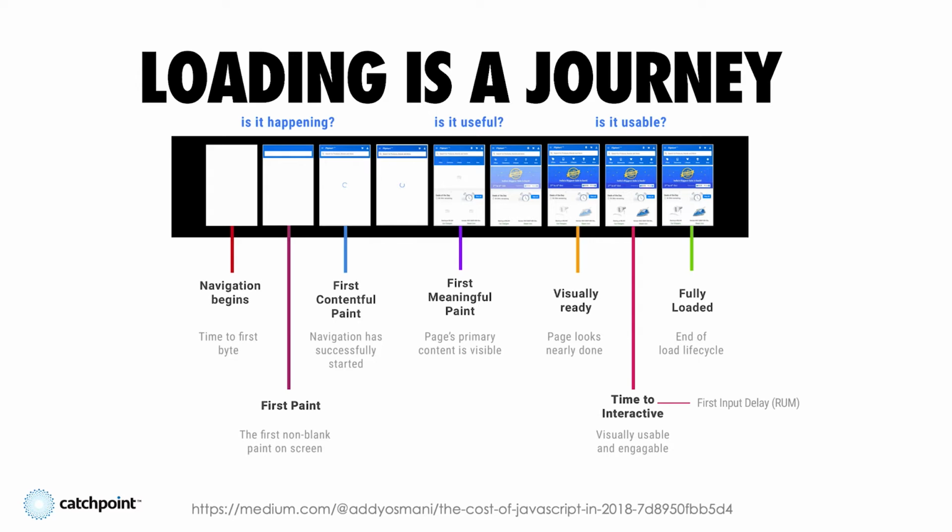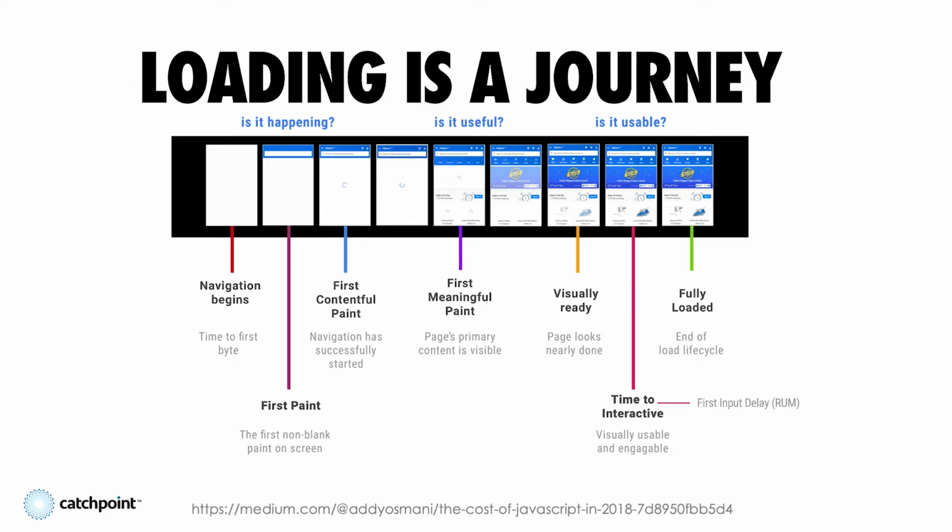The team in general picked out some of the early work. Okay, first paint, maybe not so useful because it could be a background. So first contentful paint: when did you draw an image or a piece of text, something that the user can actually consume other than just a bland color. The early efforts were to try and identify a first meaningful paint, which was to say, hey, the main user content has loaded, but unfortunately figuring out what is meaningful on the page was really hard to define clearly and get right very frequently, so we've moved on past that.